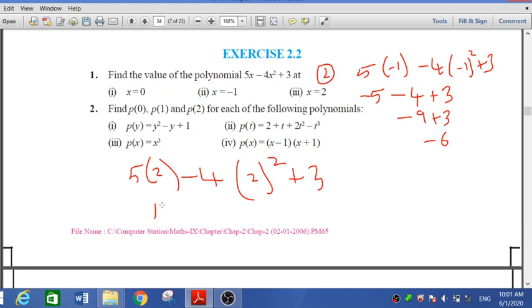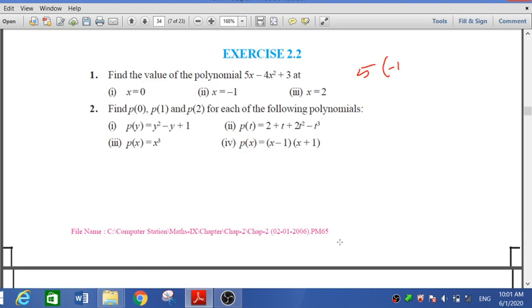You will get 10 minus 4 into 4 plus 3. So 10 plus 3, 13, minus 4 square is 16, that is minus 3. So it is also easy. Now try to solve question number 2. Everyone should try this.